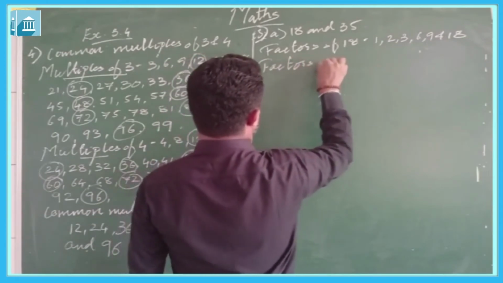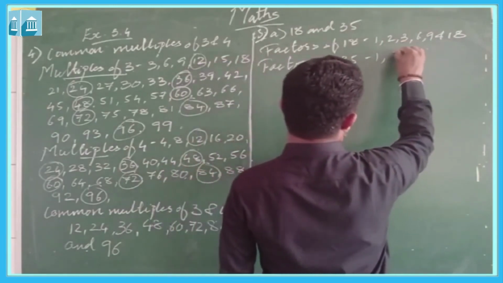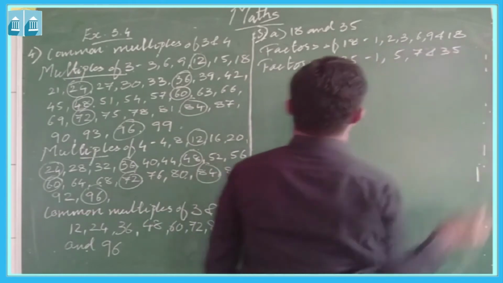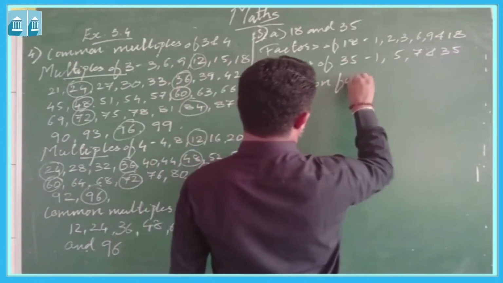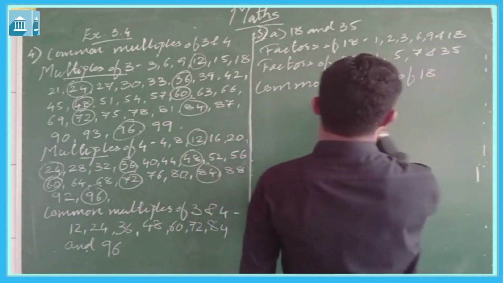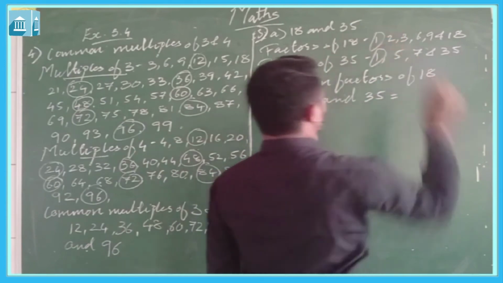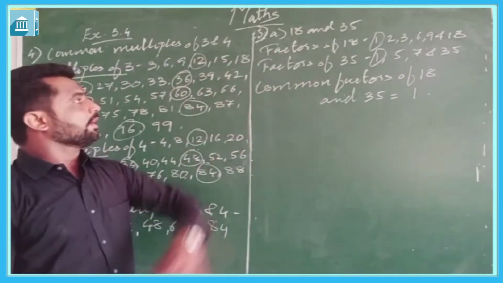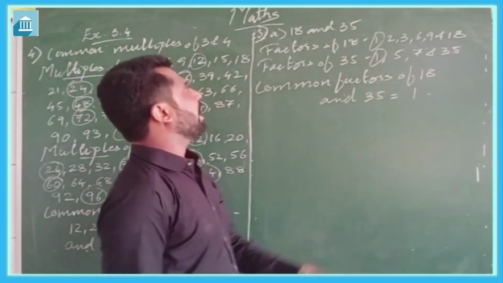Factors of 35 are 1, 5, 7 and 35. So the common factor of 18 and 35 is only 1, and as we know that if any two numbers have common factor as 1, they are co-prime.